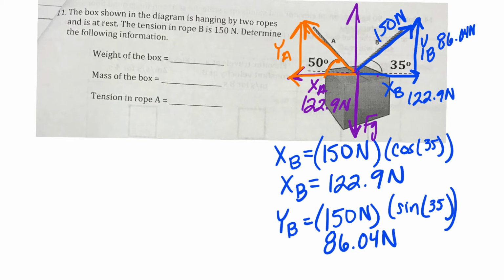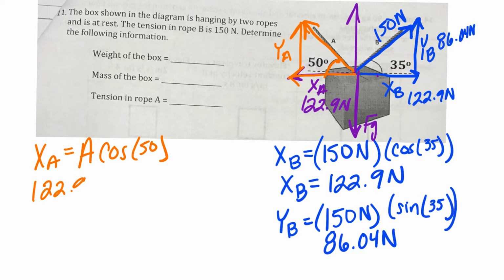So it's the same deal. You're going to use sine and cosine. Our XA is equal to your hypotenuse, which is A, times cosine 50 degrees. So we know XA is 122.9 newtons. We don't know what A is yet, our hypotenuse, but it's multiplied by cosine 50.